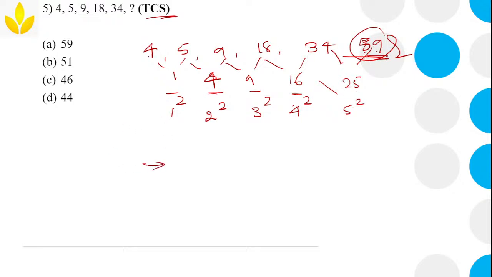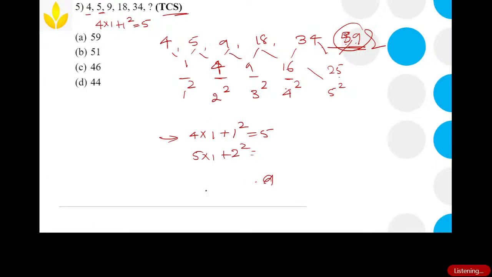If you don't want it, there is one more way of doing it. For the 4, what I'll do is, I'll do 4 into 1 plus 1 square, which gives me 5. Okay, I'll write it here. 4 into 1 plus 1 square, correct? 5. Now take 5. 5 into 1 is nothing but 5 plus 2 square, which is 9.